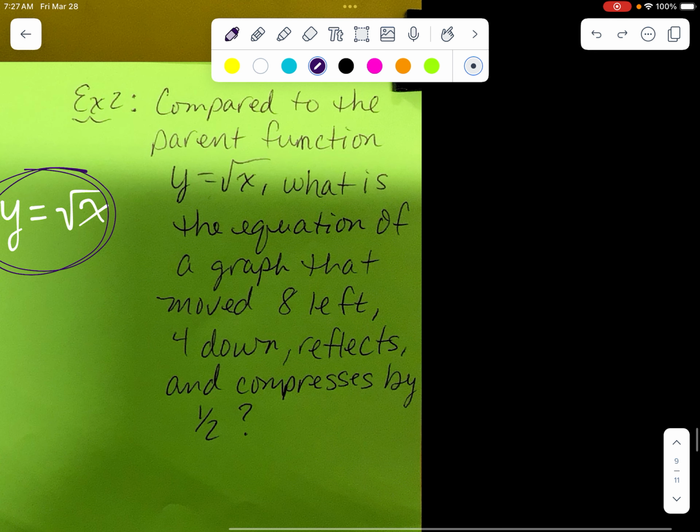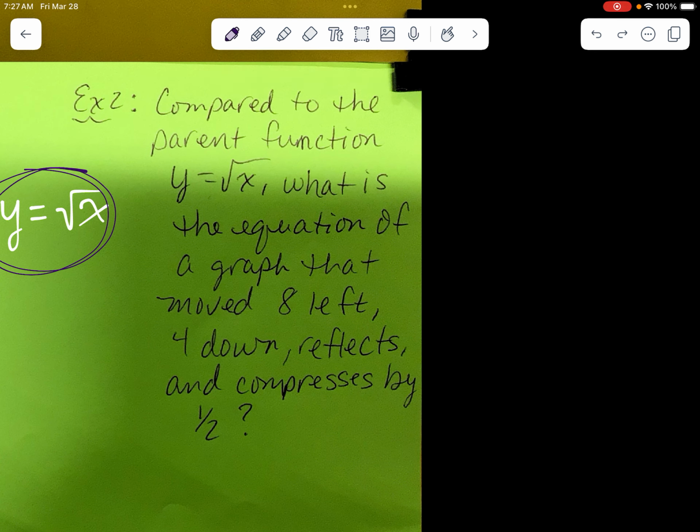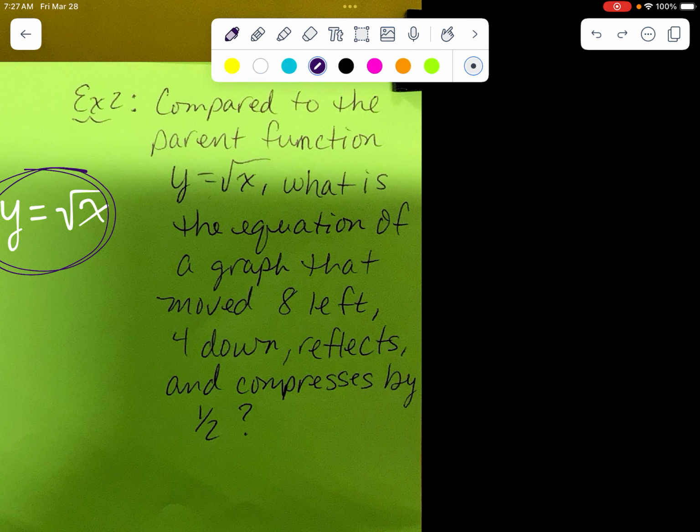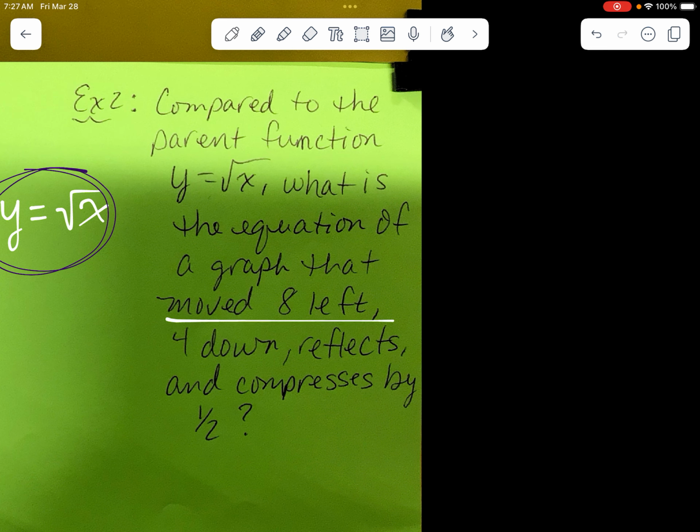All right, let's go back to our last example here. So now in this example, we're going to take some descriptions of transformations and piece them together to make an equation. So compared to the parent function, what is the equation of a graph that moved 8 left?